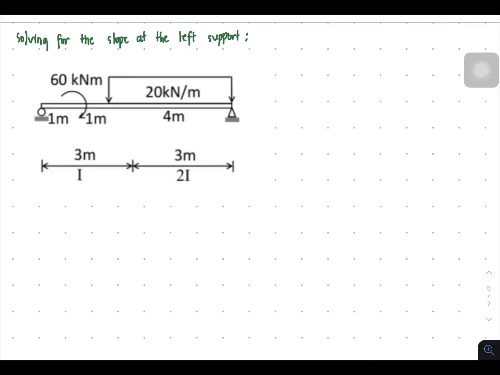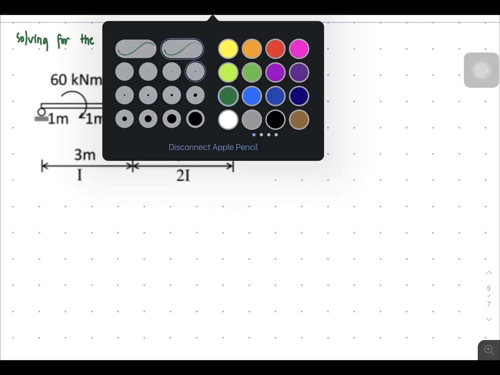Okay, next. Continuing with still the same item but a different problem, this time we're going to be solving for the slope at the left support.